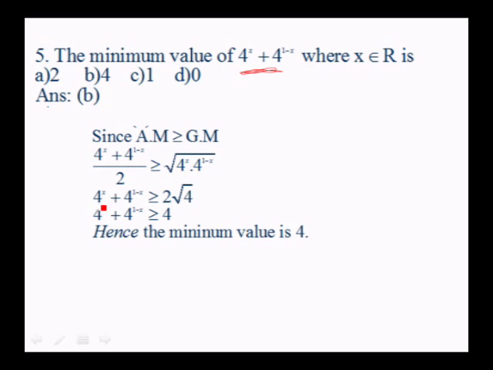So 4 to the power of x plus 4 to the power of 1 minus x is greater than or equal to 2 into root of 4. Here x and 1 minus x give you 4 there. So root of 4 is 2, so 2 into 2, 4. So 4 to the power of x plus 4 to the power of 1 minus x is greater than or equal to 4. Therefore, the minimum value should be 4. Answer is 4.